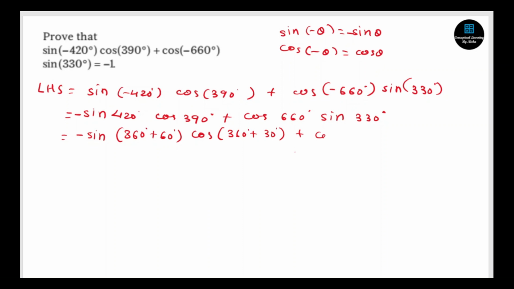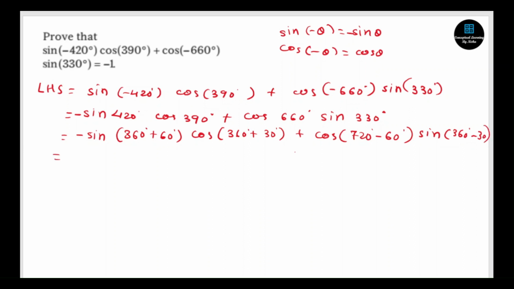Then plus cos 660. So I can use 720 minus 60 and sine 360 minus 30. Correct? Alright.